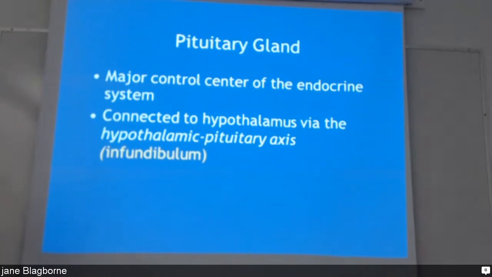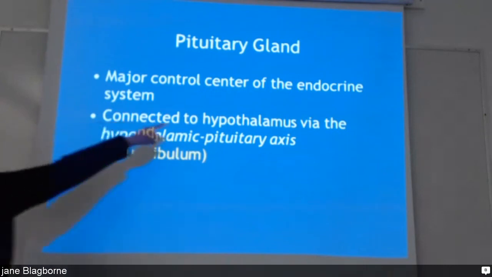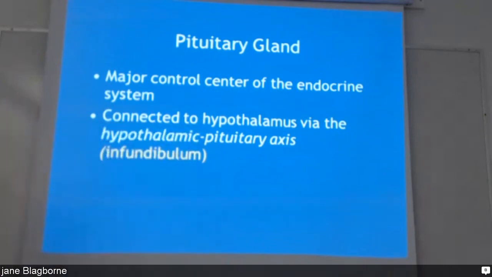It sits in the bony structure of the brain, the lower plate of the skull. Because it's a major control center, it is connected to the hypothalamus, because that's where a lot of your hormone regulation is going on.